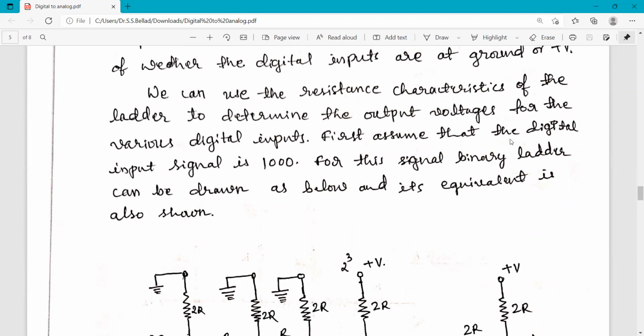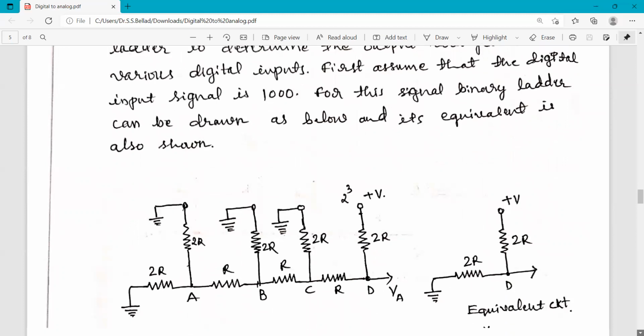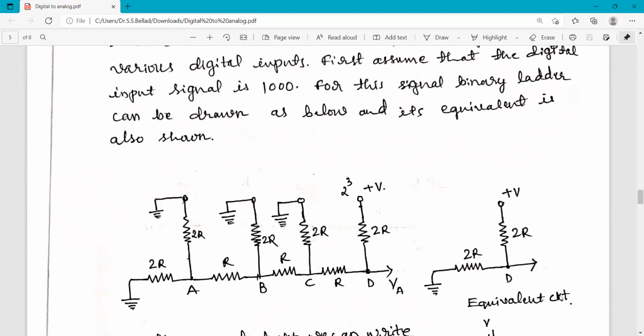First, assume that the digital input signal 1000 is given to this ladder network. For this signal, the binary ladder can be drawn as shown, and its equivalent is also shown. So the binary ladder network for this particular input is like this.